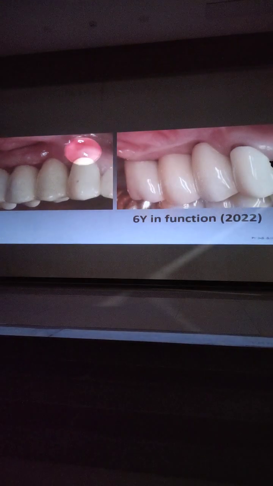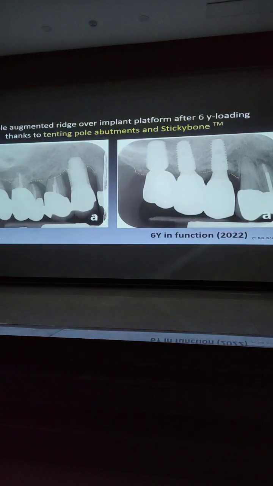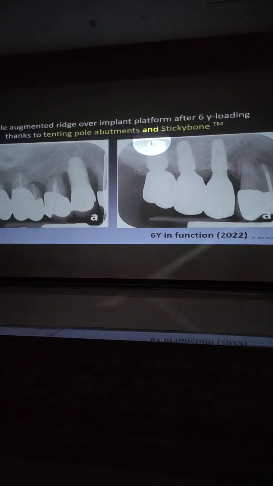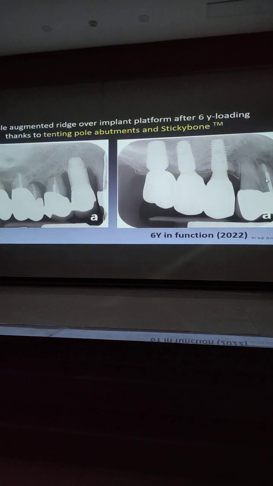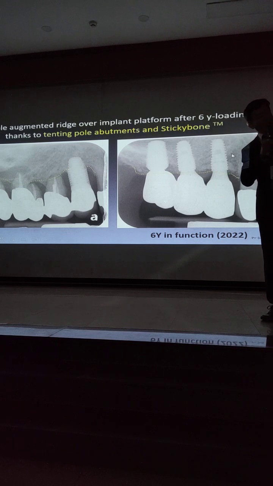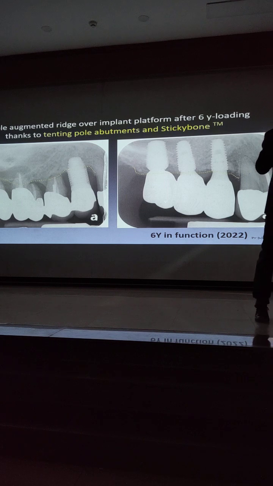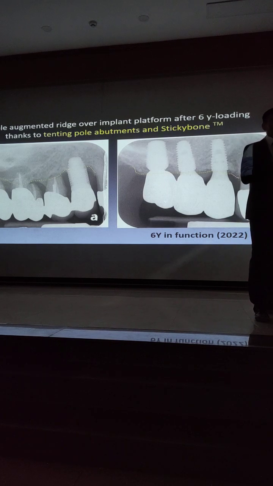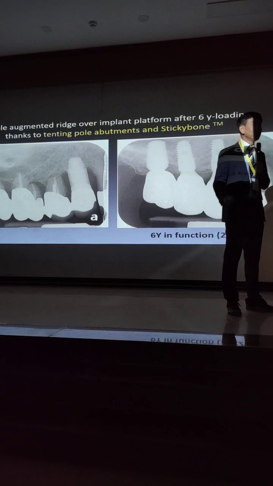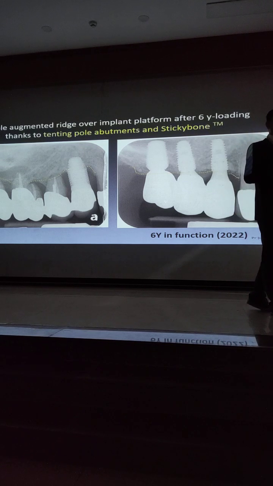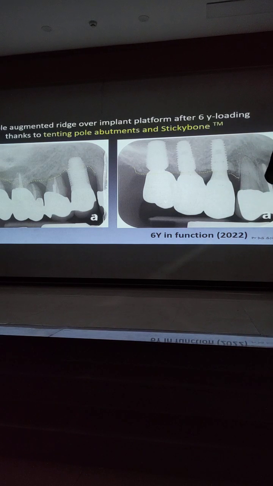Now you can see the good gingiva around the implant restorations. This is pre-op. This is 6 years in function. You can see very stable marginal bone over the implant. There is no remodeling marginal bone resorption around the implant thanks to the tenting pole implant and tenting pole abutment.